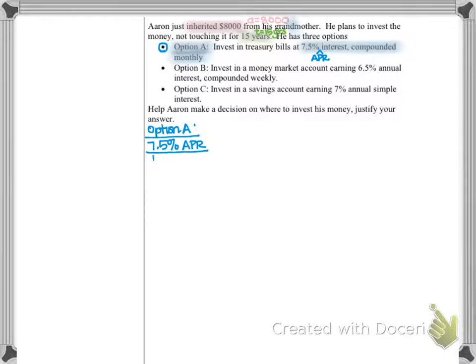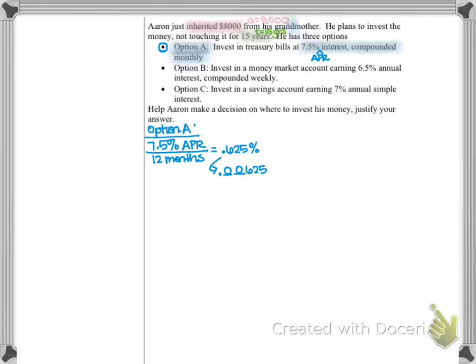Okay, well, there's 12 months in a year. So if we divide that and do 7.5 divided by 12, that's going to give me 0.625. It's still a percent. That hasn't changed because I had 7.5%. Now I'm going to turn it into the decimal. So remember, grab the decimal point, move it 2 spots to the left. So I would have an empty spot, and then the 625. Okay, fill in the empty spots with zeros.